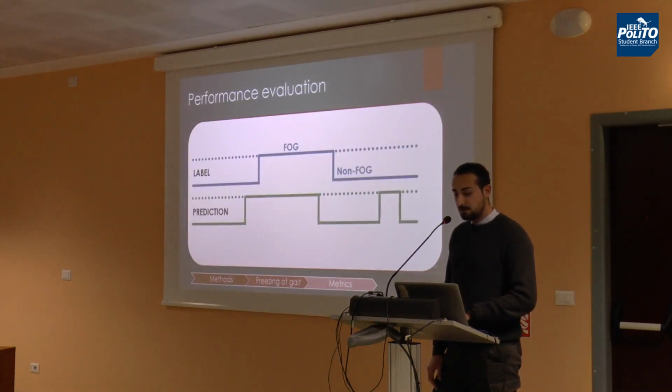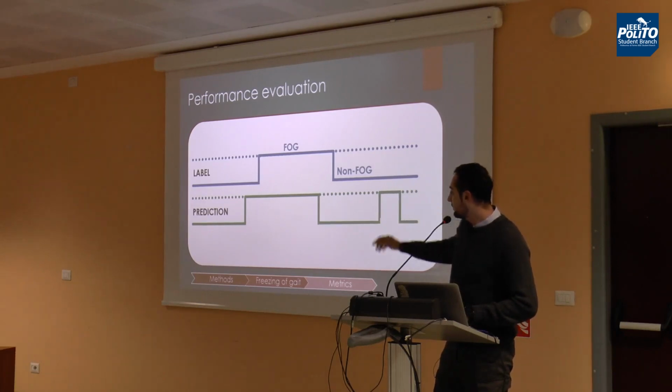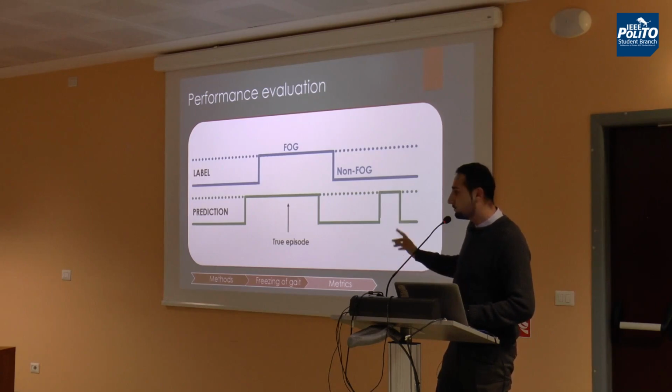So this is about performance evaluation. On the top you can see the label by clinicians. So they say that in that moment there was freezing of gait, just that. And then the prediction of the model overlaps for a certain part, and the part that overlaps is a true episode.